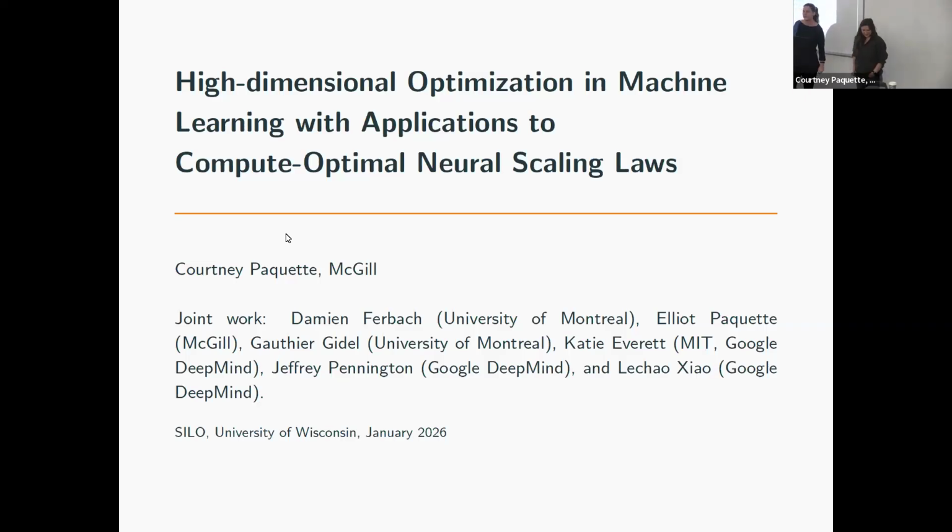She's also a CFAR AI chair and the recipient of a Sloan Faculty Fellowship. She has done a lot of very interesting work at the intersection of optimization and machine learning, and often uses techniques from different areas, including things like probability, random matrix theory, dynamical systems, and so on. So let's please welcome Courtney.